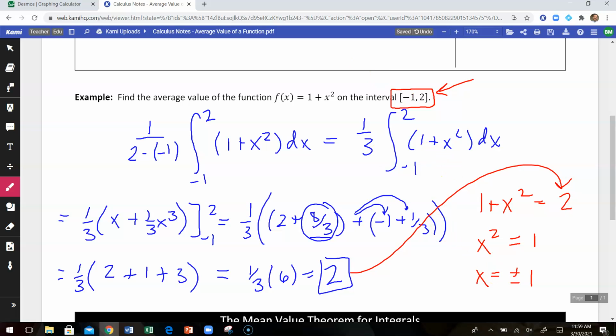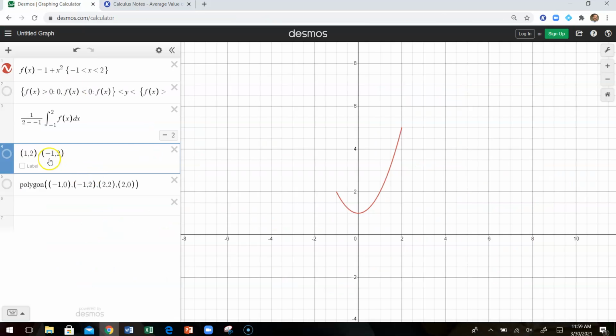If you look, I'll label both of those points. At -1, we get a y value of 2, and at +1, we get a y value of 2. Those are the x coordinates where that average value happens at 2.